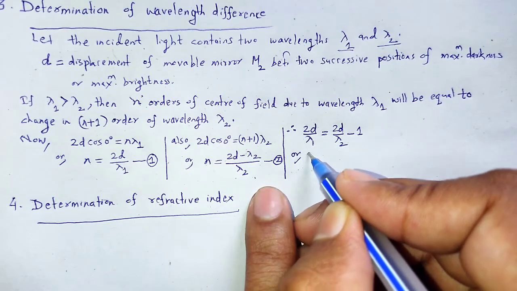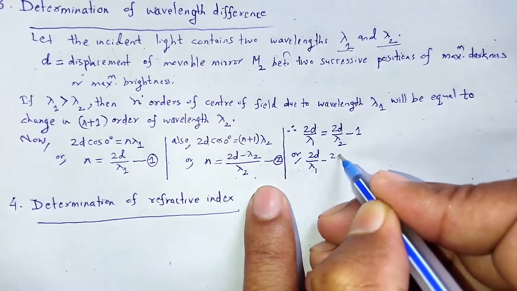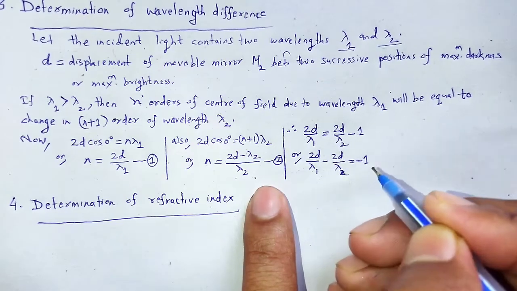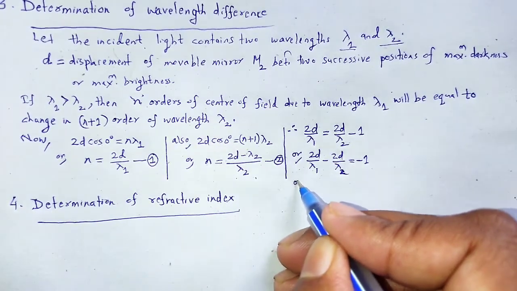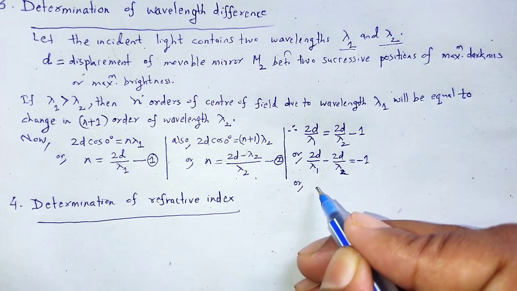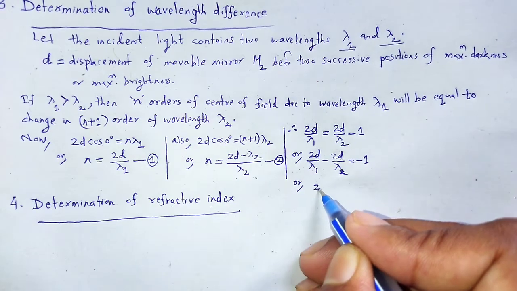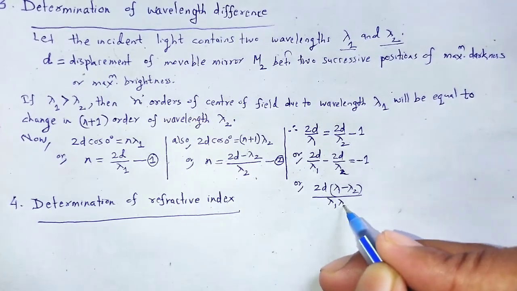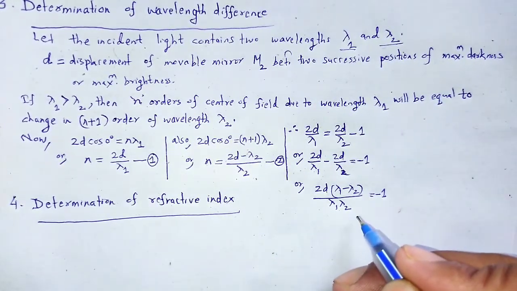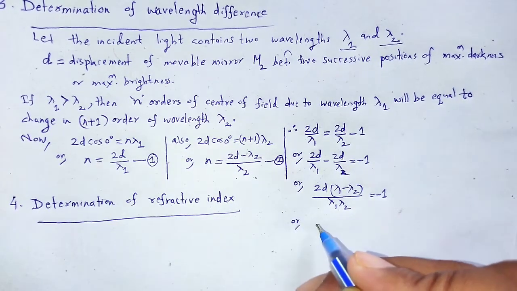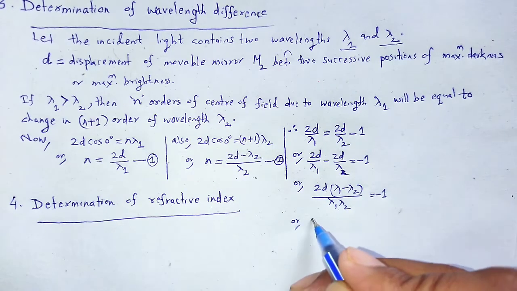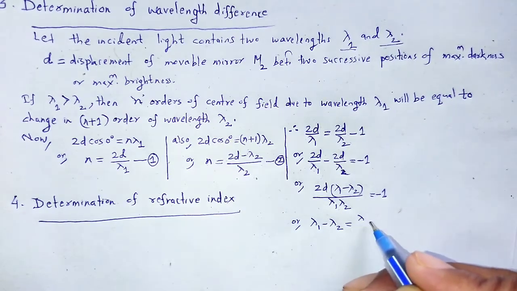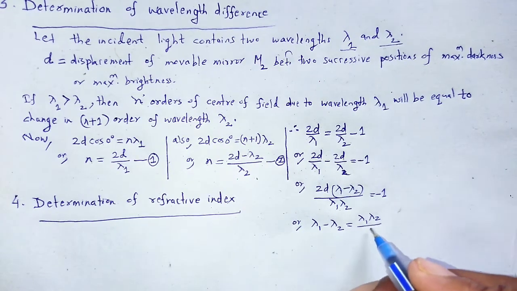Taking that to this side, 2d by lambda 1 minus 2d by lambda 2 is equal to minus 1, or taking LCM, 2d times lambda 2 minus lambda 1 divided by lambda 1 into lambda 2 is equal to 1, or lambda 1 minus lambda 2, that is the difference in wavelength, is lambda 1 lambda 2 divided by 2d.